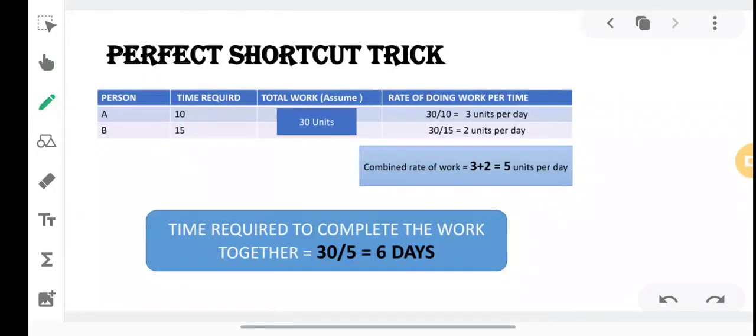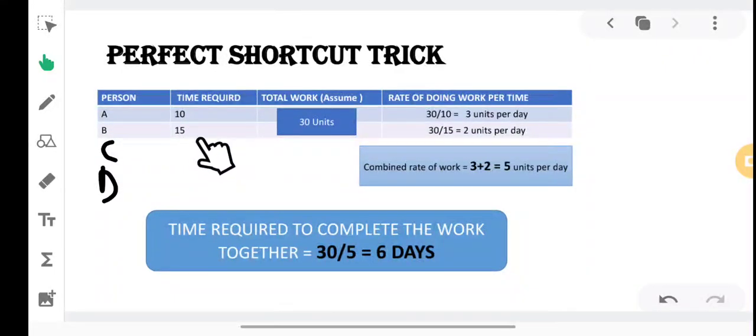If the number of persons is greater than 2, that is B, C, D, then mention all of them in the first column and their individual time requirement in the second column. Here, A requires 10 days, B requires 15 days.